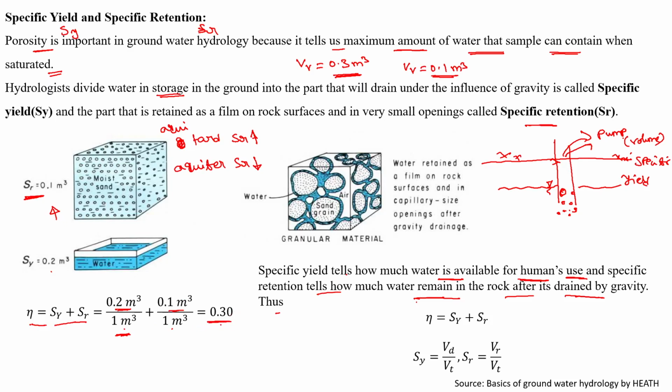We can also define SY as the ratio of the volume of water drained under the effect of gravity to the total volume, and specific retention as the volume of water retained against gravity to the total volume. These two terms will be useful while calculating transmissivity and other terms in the next session. These are very important basic definitions to be remembered.